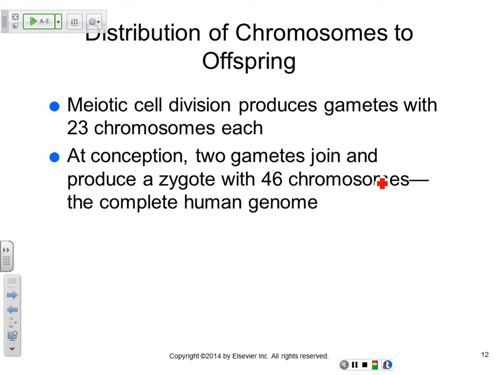So for the most part, there are what are called autosomes. What are the autosomes? Anything but the sex chromosomes? Yeah. And what's special about the autosomes? The pair of chromosomes are equal in length.